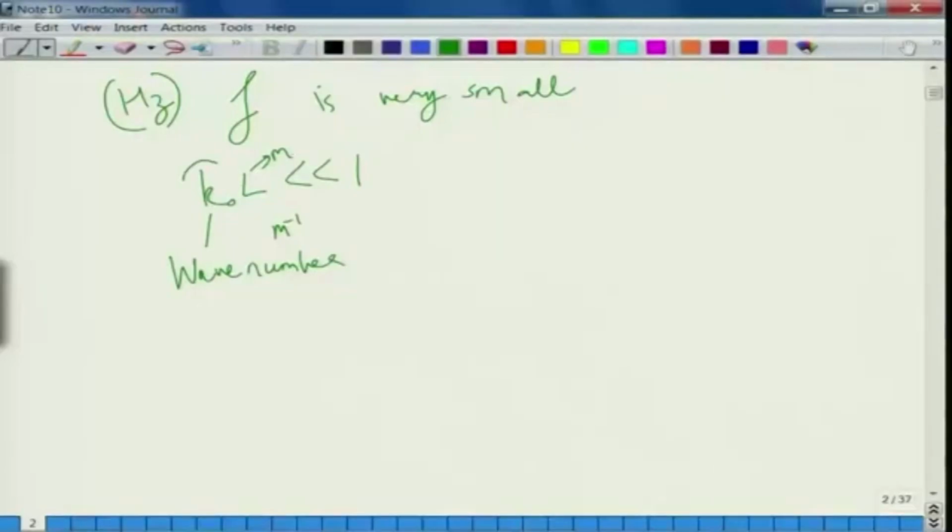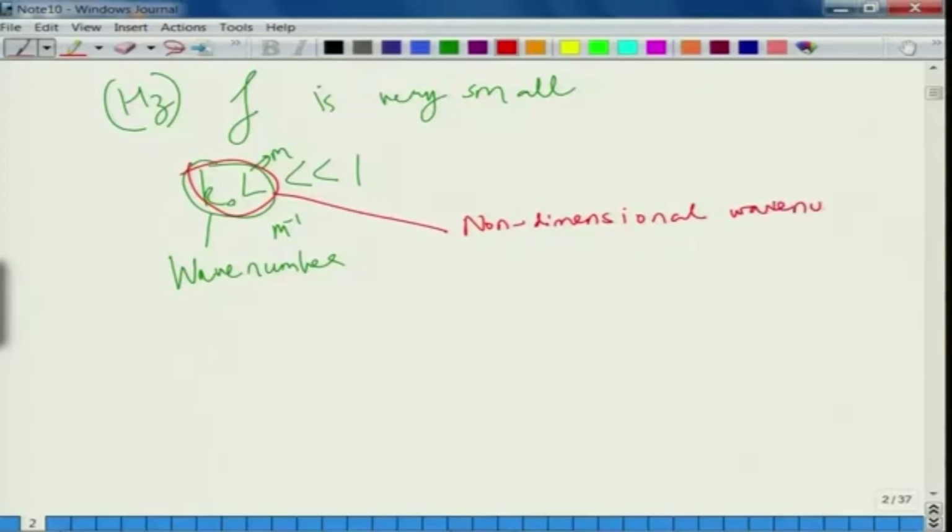So, this entire thing k naught L is non-dimensional. That is what we call the non-dimensional wave number, also known as, if you have heard of it, those who are acquainted with a little bit of acoustics, the Helmholtz number.